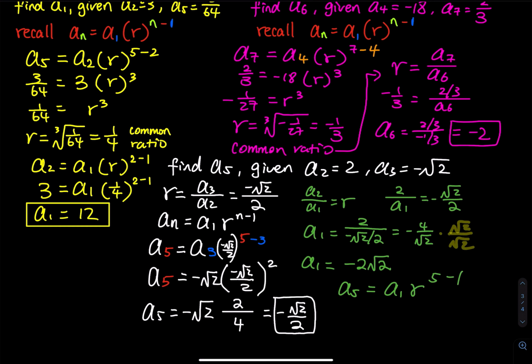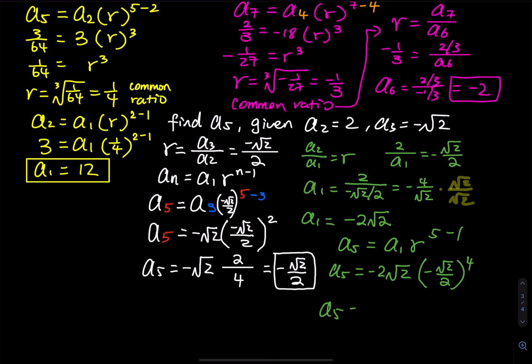And then just plug in. So we have a1 is -2√2. Too many 2's, √2, and r is -√2 over 2, and this is a 4th power. This is a5. The bottom is going to be 16, and the top is going to be 2 times 2 equals 4.